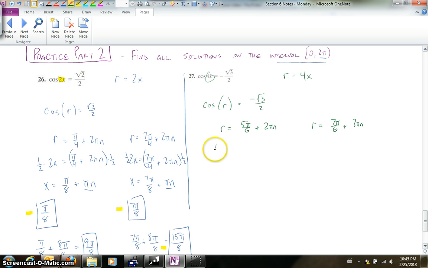Substitute back in the 4x for the r, so it's 4x equals 5 pi over 6 plus 2 pi n. This gives us x is equal to, I'll go ahead and multiply by 1/4 on both sides.